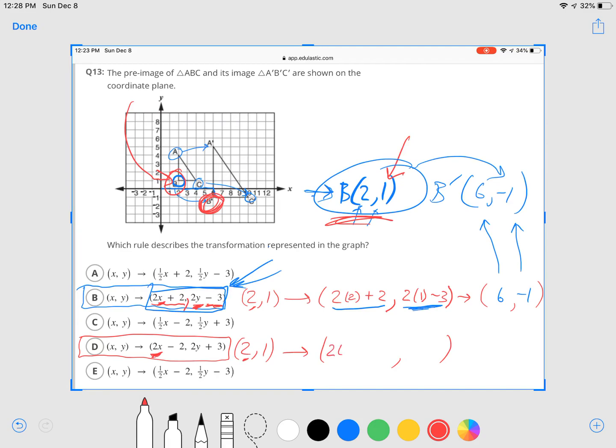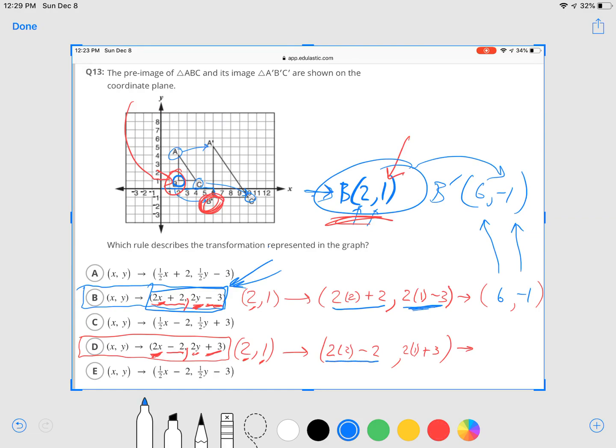Our x value is 2. And then you do minus 2. And then comma, for the y value, you're going to do 2 times the y value, which is 1, plus 3.